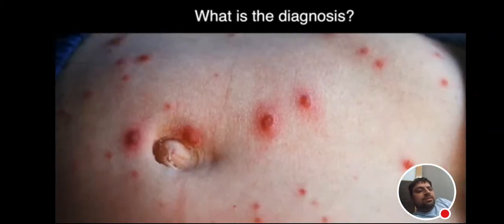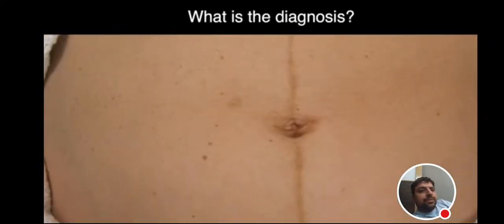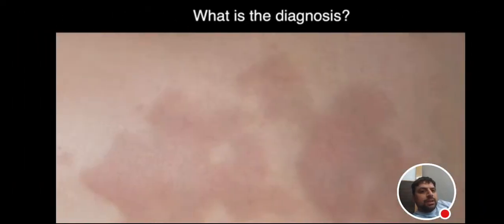And what is the diagnosis here? This is a case of what? This is a case of chicken pox. Okay. And what is the diagnosis here? This is a case of linea nigra. Okay.